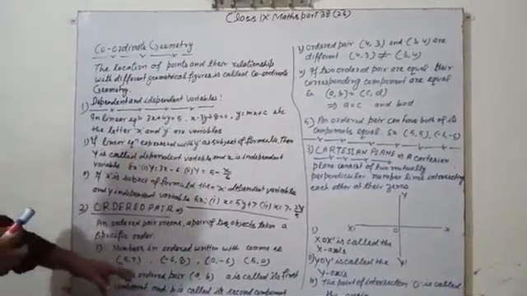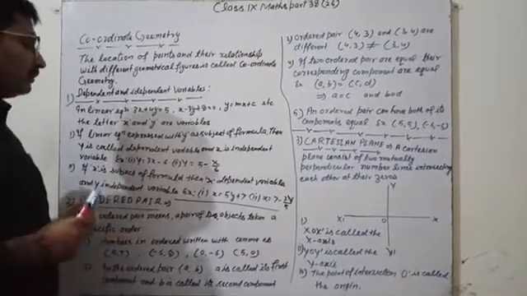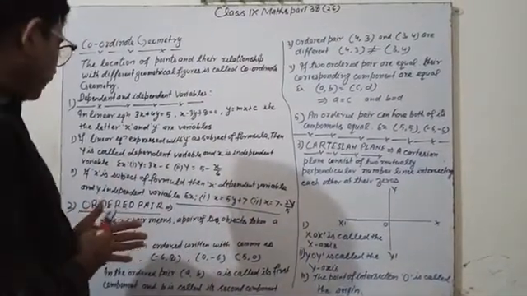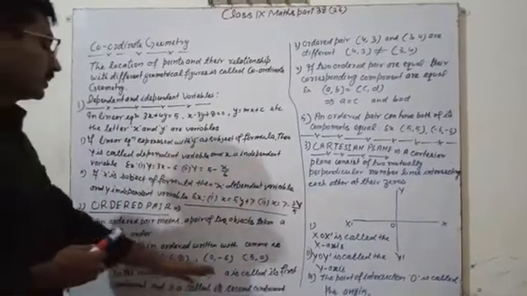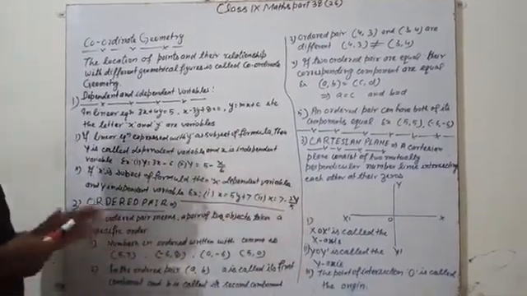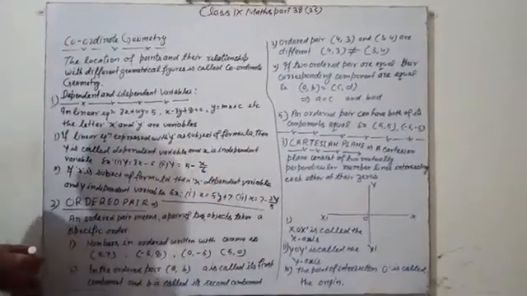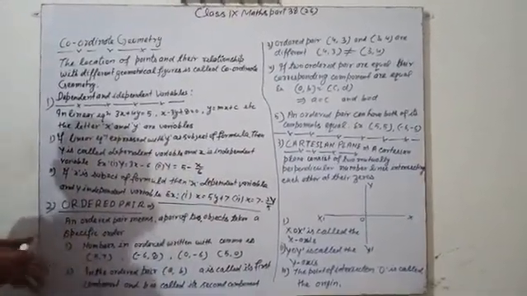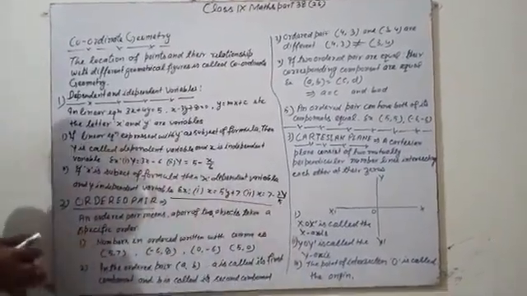In the ordered pair (a, b), a is called the first component and b is called the second component. For example, here (5, 7), 5 is the first component of the ordered pair and 7 is the second component.